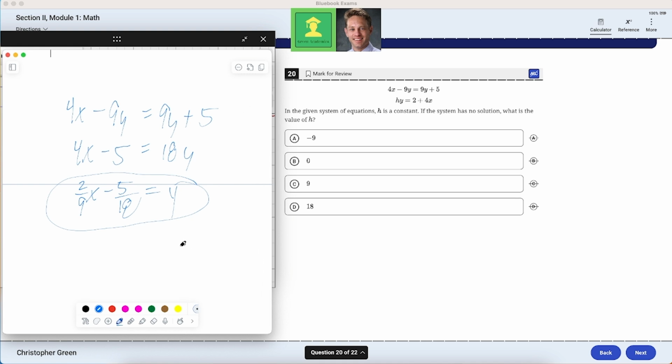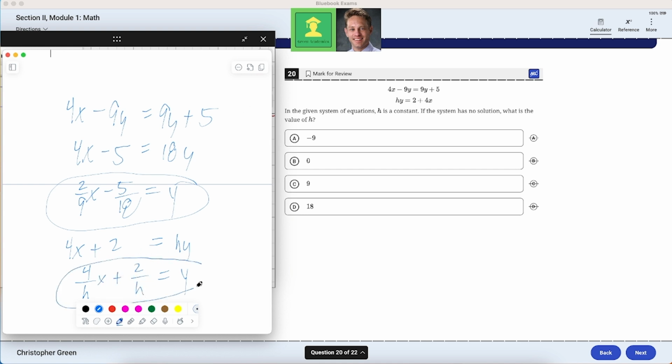The other one, when I go to solve for y, I know I'm going to kind of flip left and right here because I happen to have written it this way. I divide everything by h. So this is 4 over h as the coefficient in front of the x plus 2 over h.